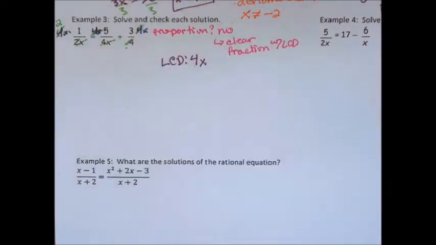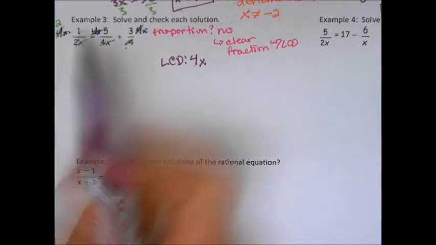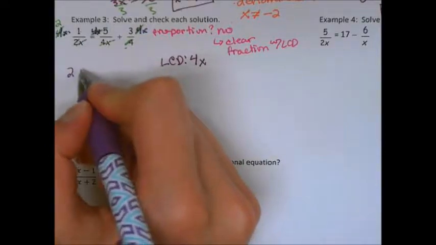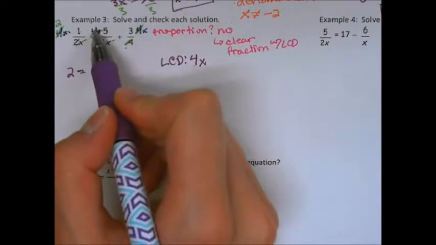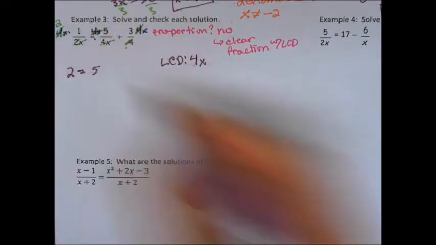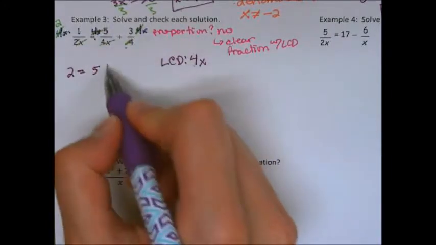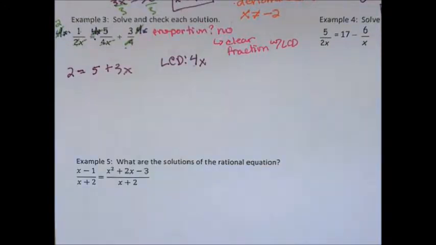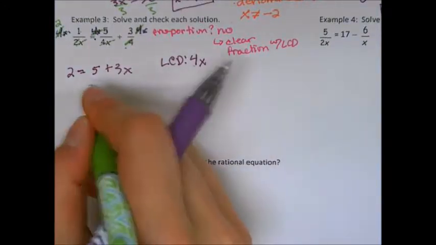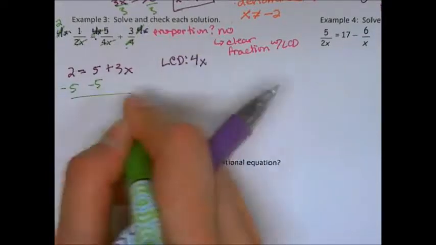So what do I have left? 2 times 1 is 2 equals, that was crossed out, so it's a 1, so that's 5 times 1 is 5, plus 3 times x is 3x. Minus 5.